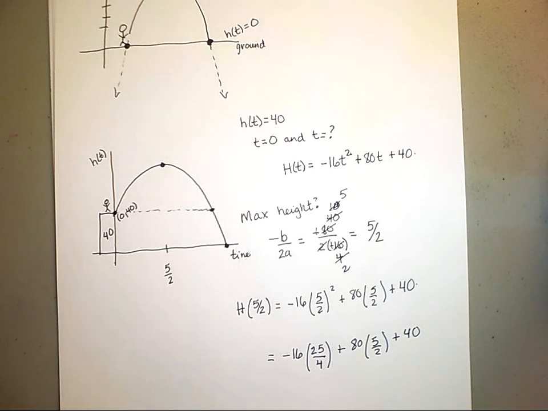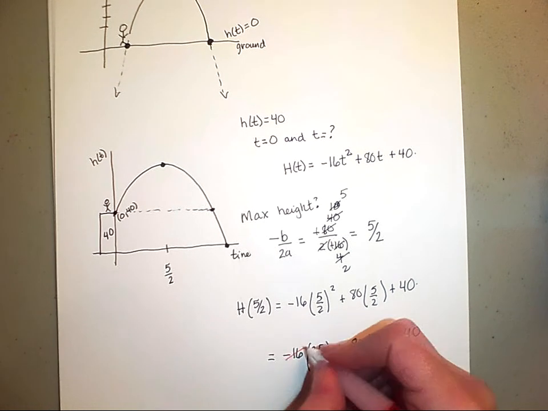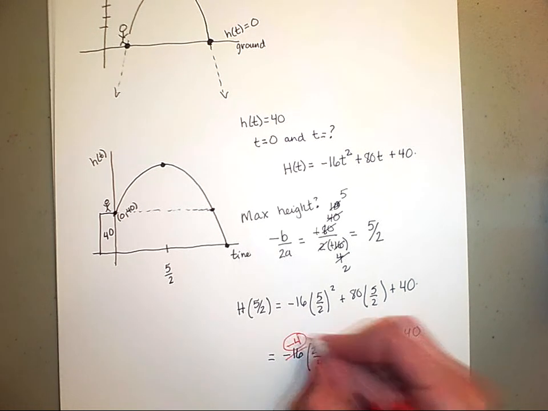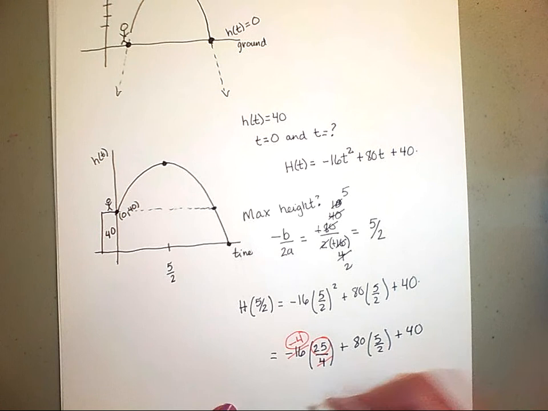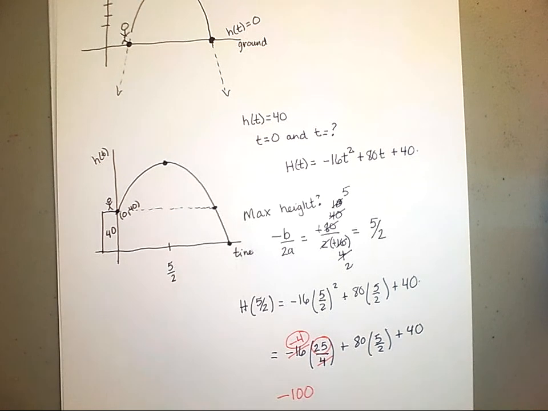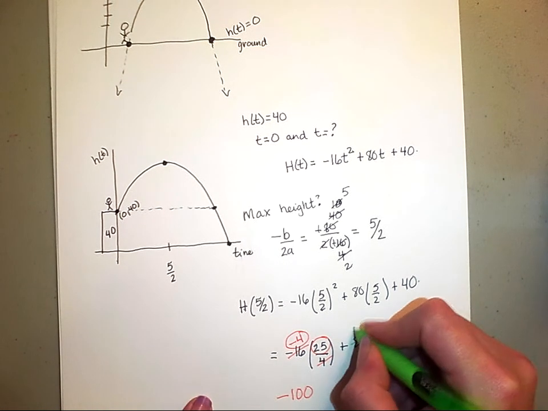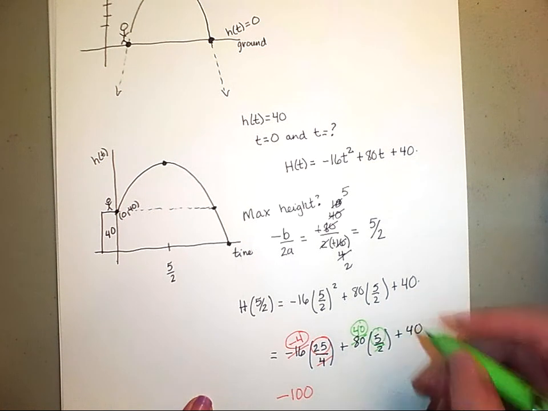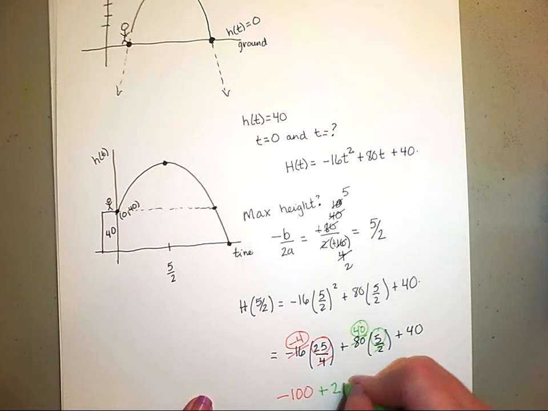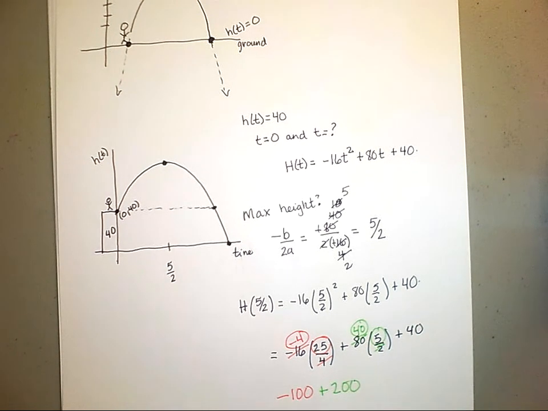Okay. Now let's do some canceling. So we have that 4 goes into negative 16 negative 4 times. So negative 4 times 25 is negative 100. 2 goes into 80 40 times, and 40 times 5 is 200.